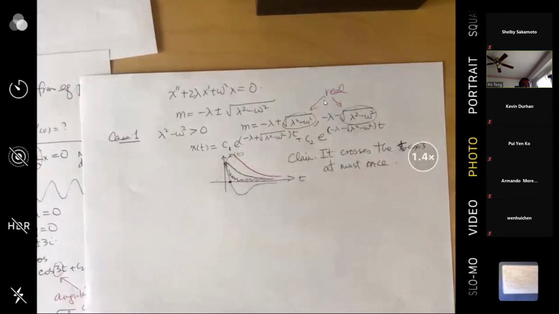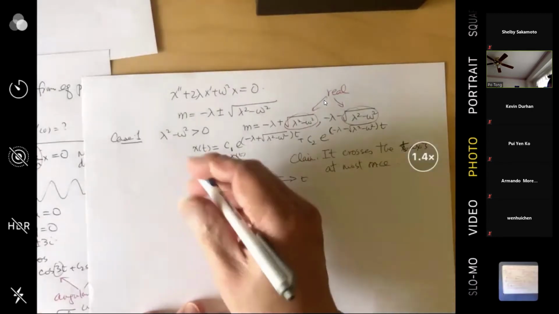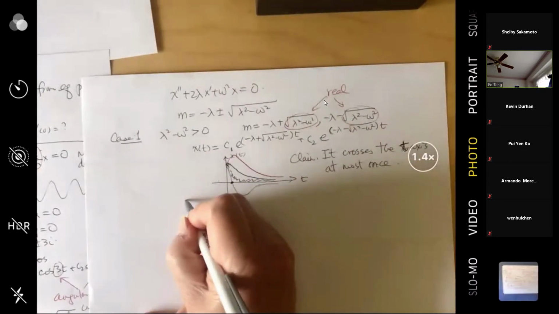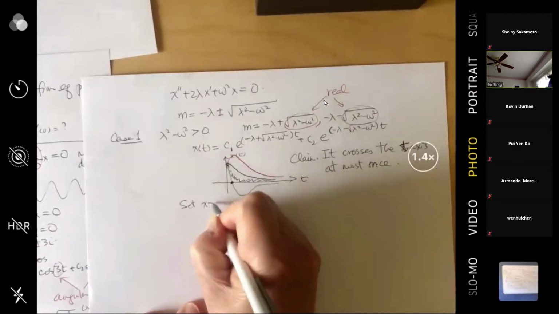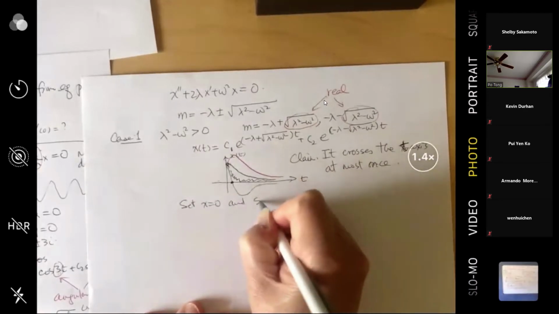That means it never just keeps bouncing back and forth. And I can actually show that by setting x equal to 0 and solving for t.